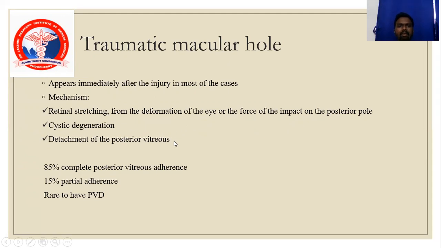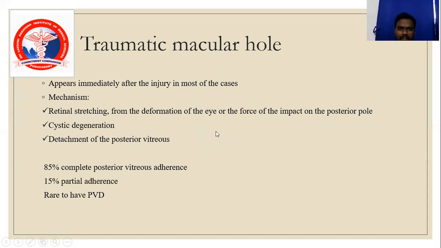Cystic degeneration and detachment of the posterior vitreous are similar mechanisms that we have already seen in those patients with an idiopathic macular hole. So 80% of the patients with traumatic macular hole can have a posterior vitreous detachment, and 15% can have a partial adherence of the vitreous.